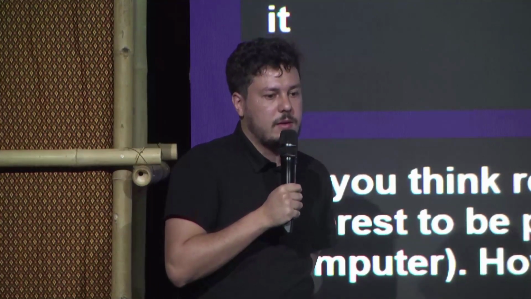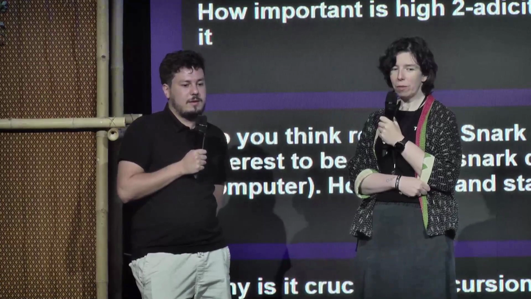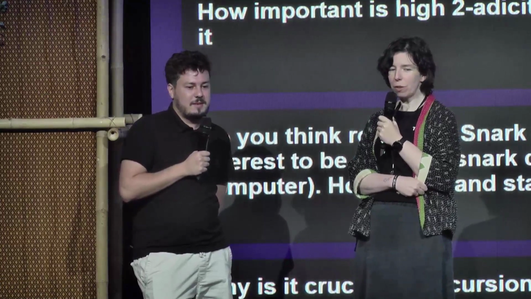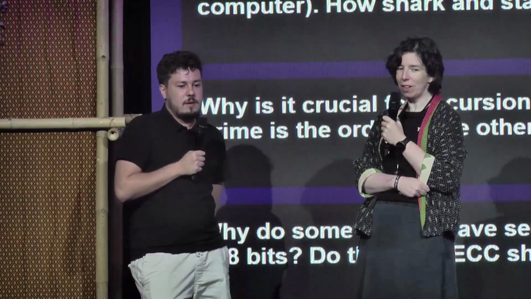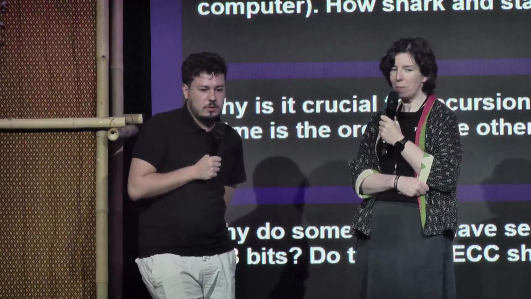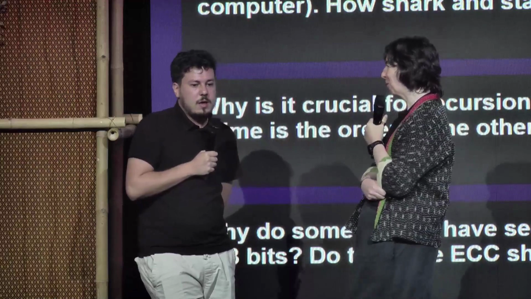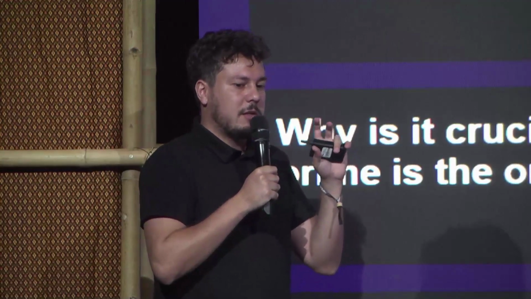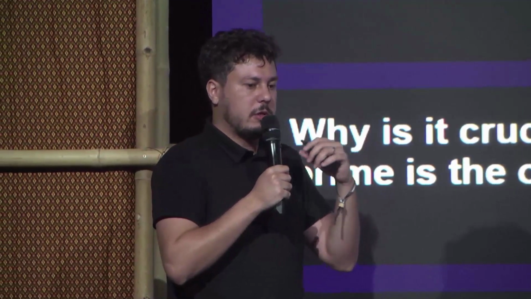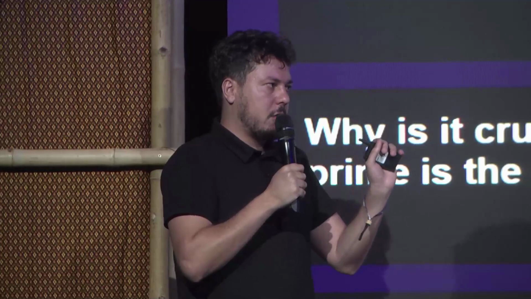Yes, of course. Good. Then last question while we have 30 seconds left. Why is it crucial for recursion to have two curves where one prime is the order of the other? So we express the statement of whatever we want to prove on the subgroup of the elliptic curve.